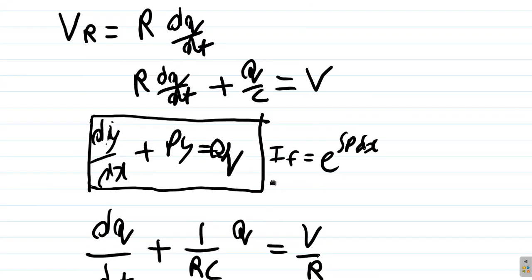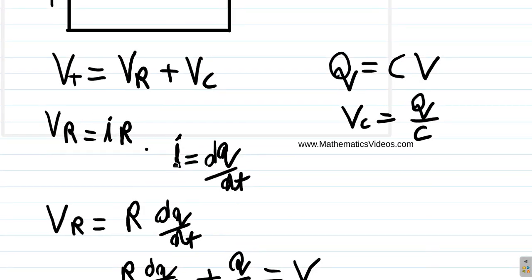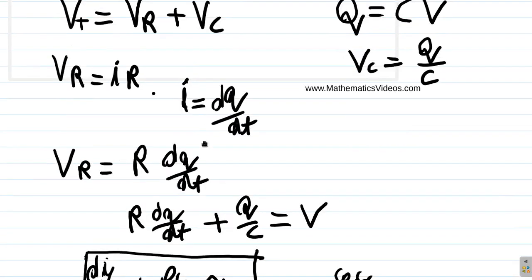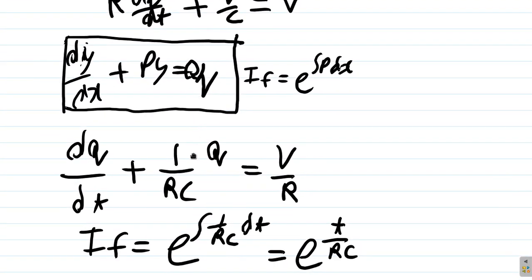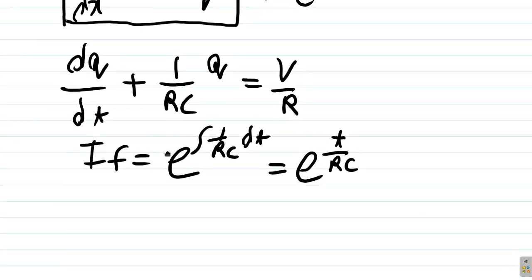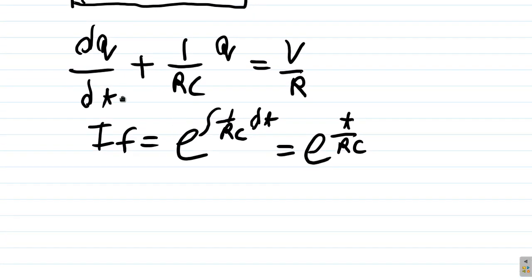Now the next step is to multiply both sides of the equation by e to the t over RC. This is the equation, right? Multiply both sides by e to the t over RC. So let's do that.